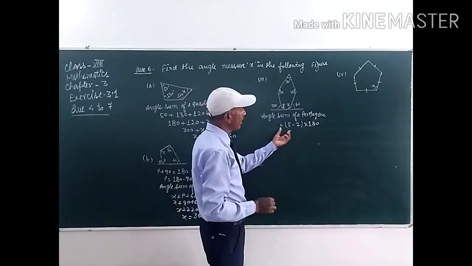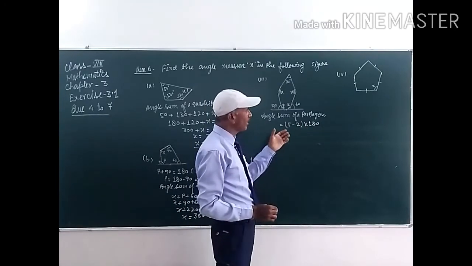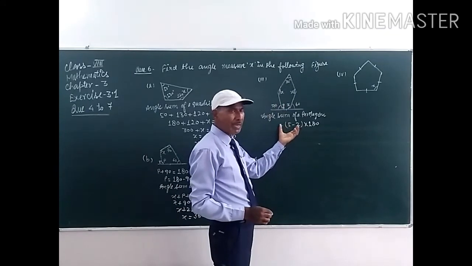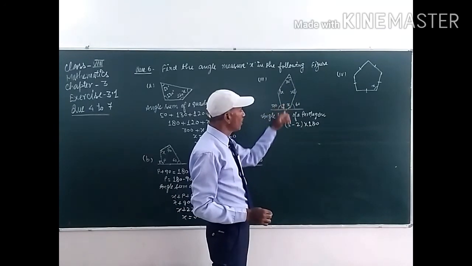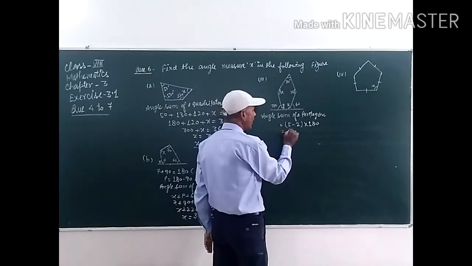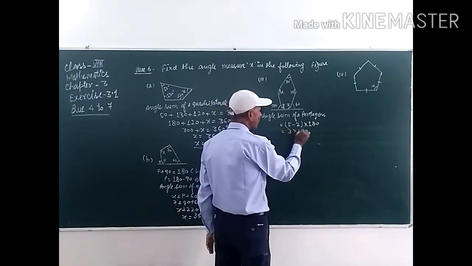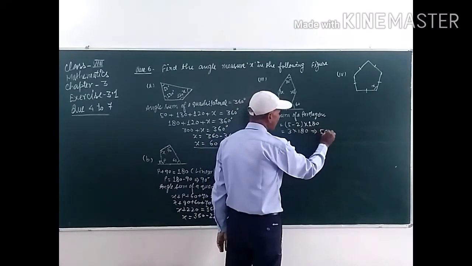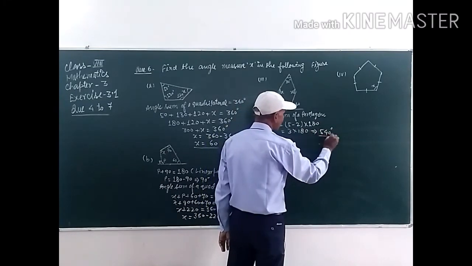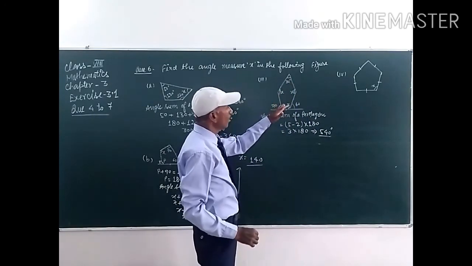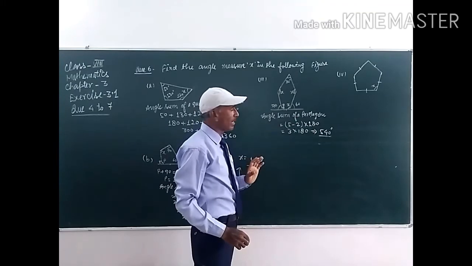The formula to find the sum of interior angles of any polygon is n minus 2 into 180. Here n is 5, so 5 minus 2 into 180 is 3 into 180, which is 540 degrees. So the sum of the angles of this polygon is 540 degrees.